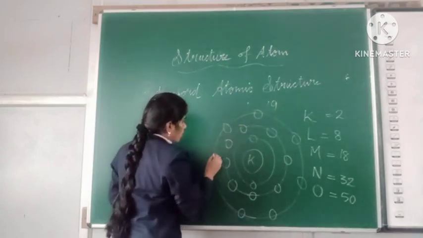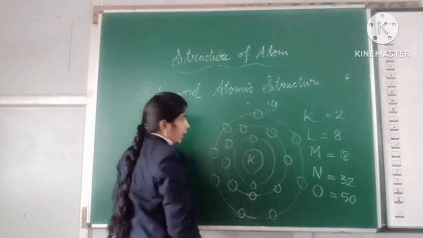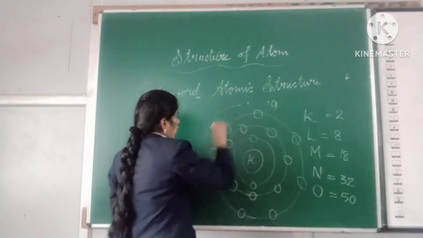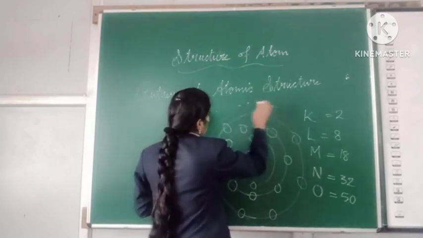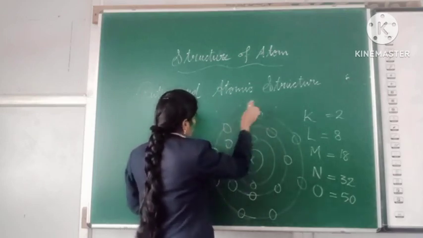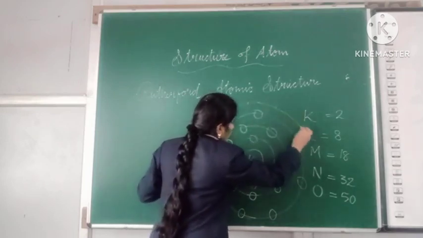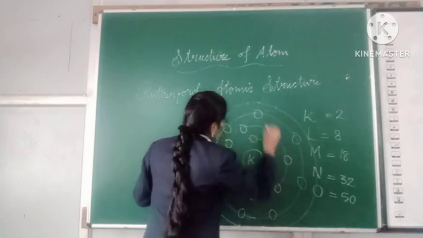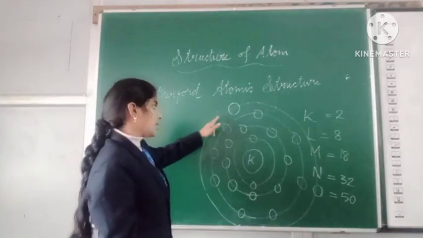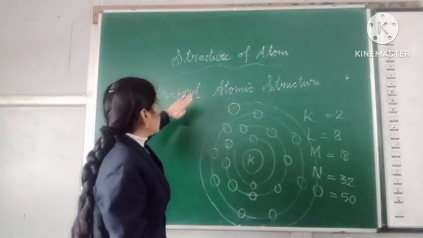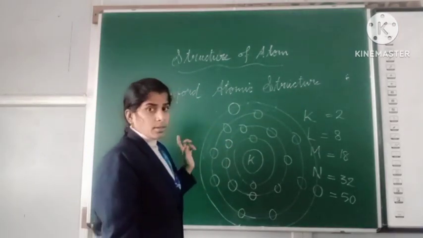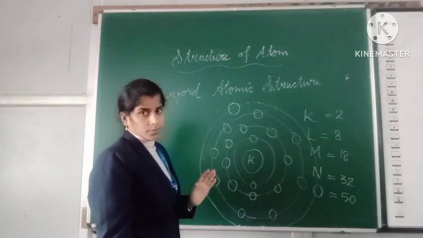And one more electron remains, which goes in the outermost shell, that is N. It accommodates 1 electron. So the total is 19. In this format, Rutherford arranged the subatomic particles in the atom.